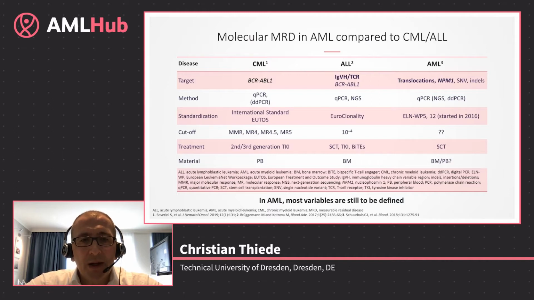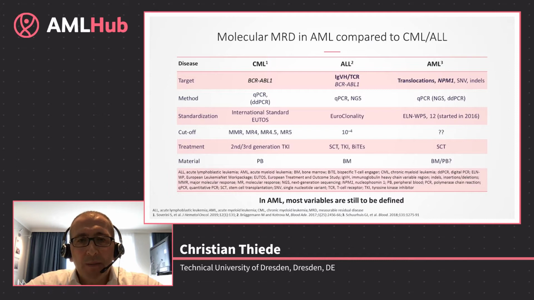For example, in CML, if we have a failure of the first generation TKIs like imatinib, we can move on to second generation or third generation TKIs. And we also have very defined measures for the materials, which is blood in CML and preferably bone marrow in ALL. Coming to all these different aspects in AML, you see major differences.